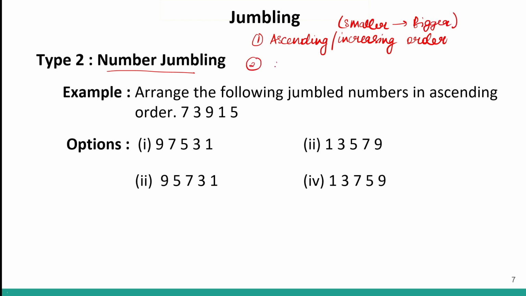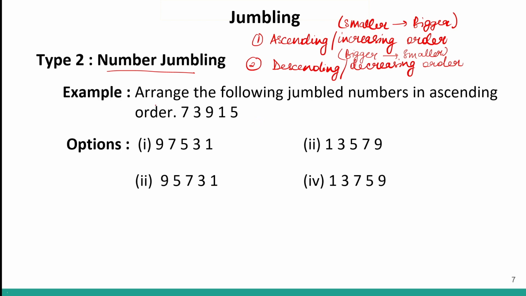Then the other concept is descending, also known as decreasing order. In decreasing order, we move from bigger number to smaller number. Correct? Only these two concepts are used in number jumbling.